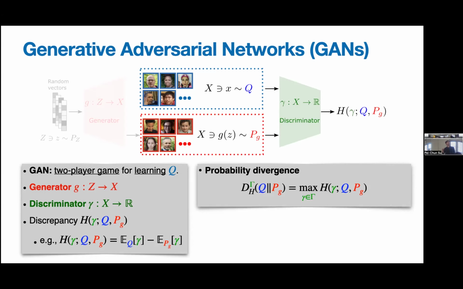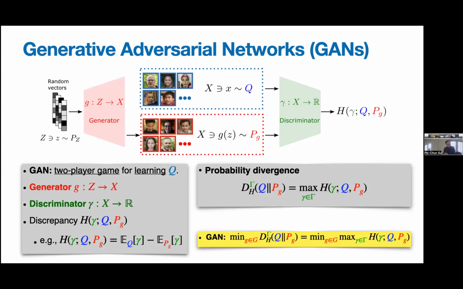For example, this H can be taken in the form of a mean embedding, formalized here, and you take a supremum of gamma within, say, the unit ball of an RKHS or a Lipschitz function class. Okay, so this is about the discriminator part.